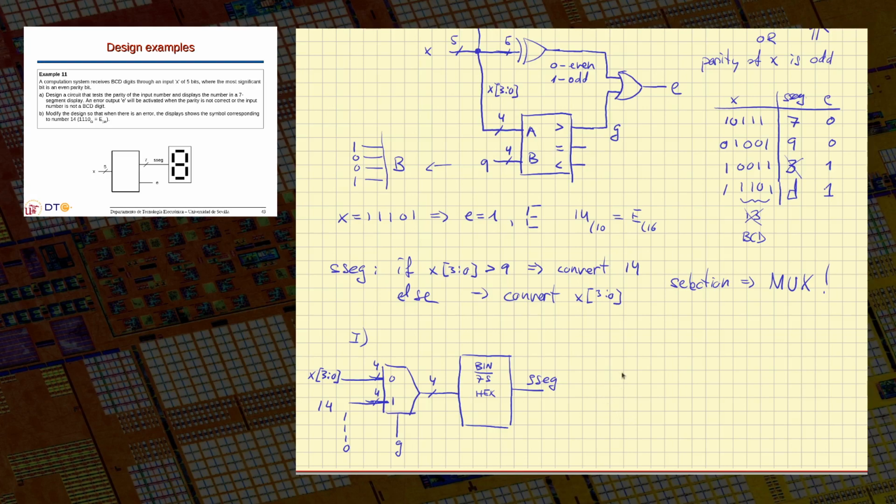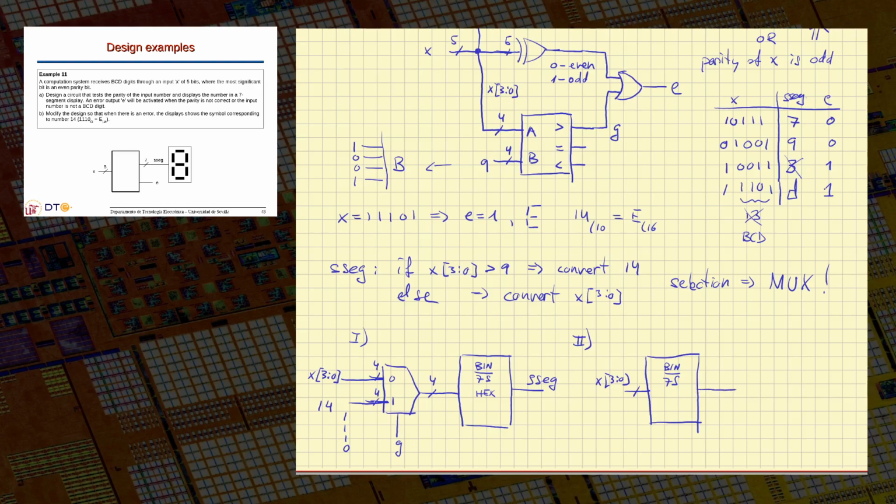We can also do it at the output, as I said. So the other option that is also valid, even if our converter is not a hexadecimal converter, could be to just convert the original number X3 to 0 with our binary to 7-segment converter.